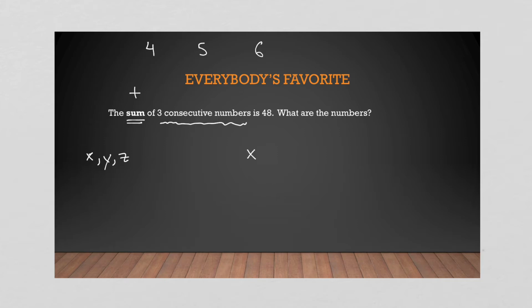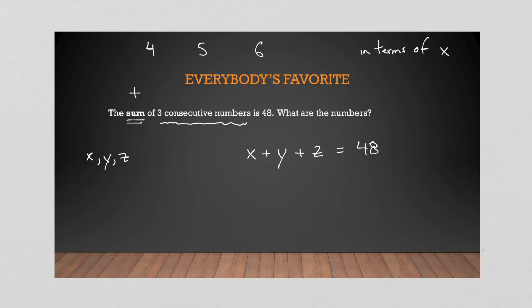Well, that means that x plus y plus z is equal to 48. But the problem there is you can't solve for 3 different variables at the same time. So you want to see, can I write the other variables in terms of x, for instance, in terms of one of the variables? And we can because we know they're consecutive.